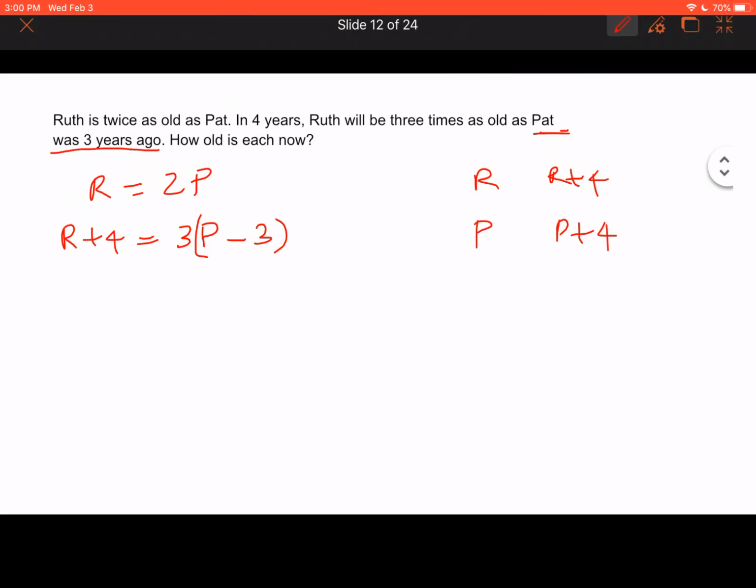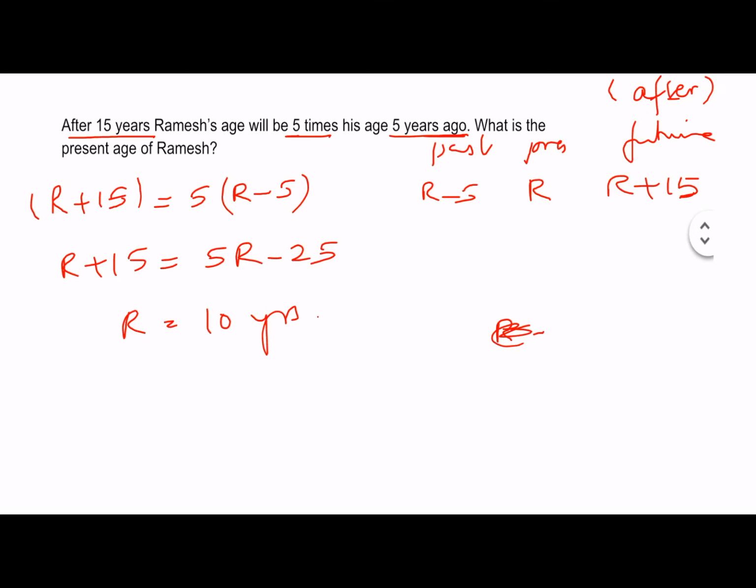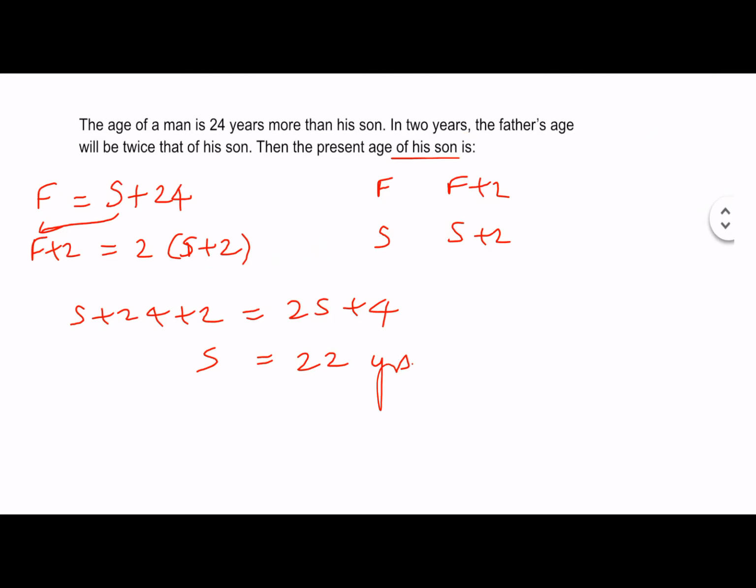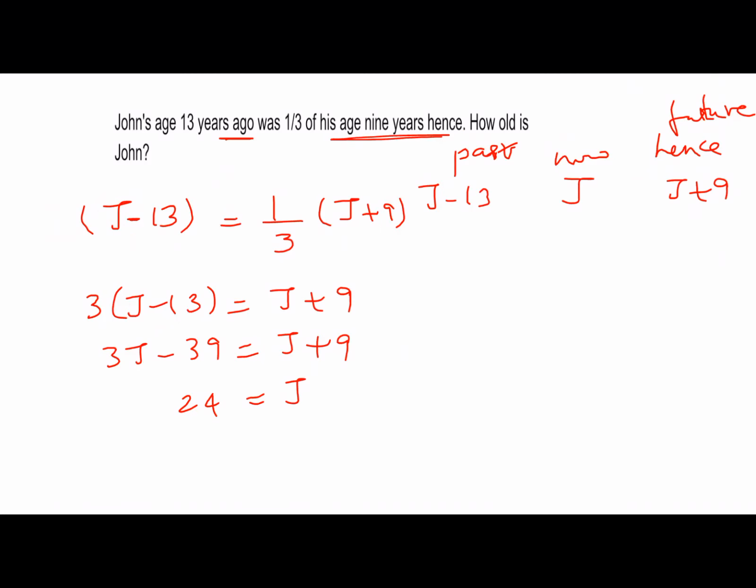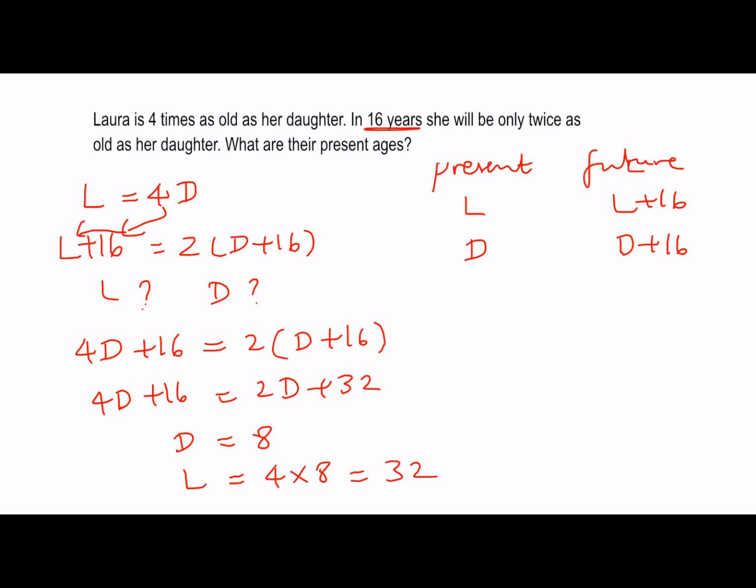This is very important, right? We have seen some sums before like this, like, see, I'll show you. Here it says only twice as old as her daughter. As old as the daughter means when the age of Lara is increased by 16, then the daughter's age is also increased by 16, so we put D plus 16, right?